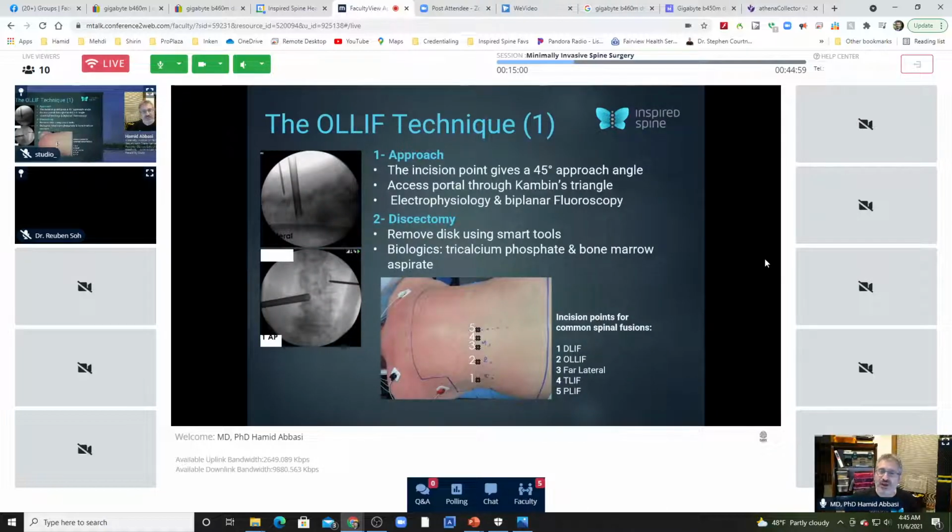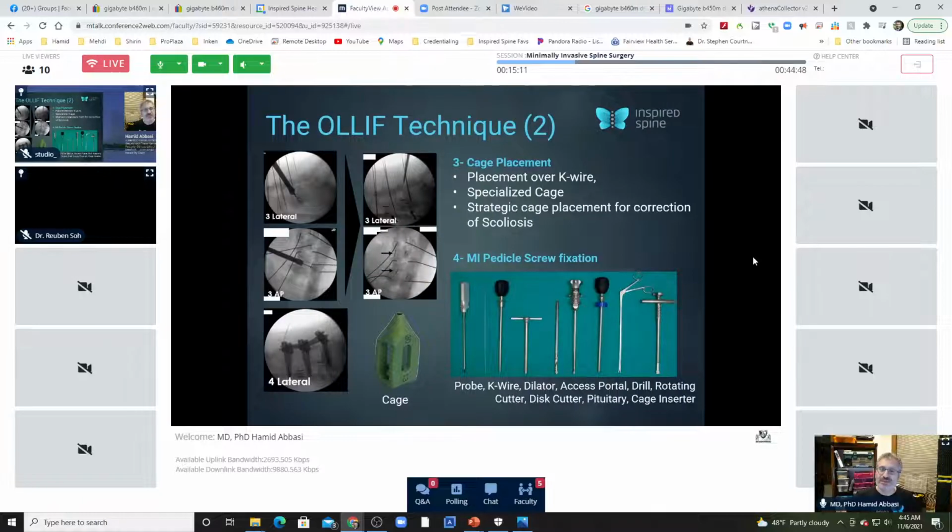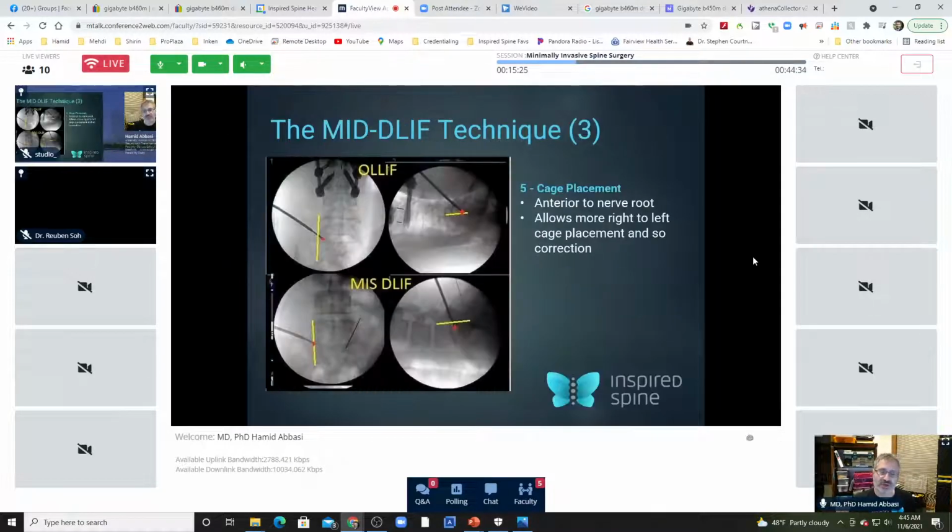Here you see the marking on the skin for the transcambin approach. Number 2 is the oblique lateral posterior lumbar interbody fusion that is performed through transcambin approach. A series of smart tools are used to go through a tube and perform discectomy and practically prepare the end plate, put the graft, and then posterior percutaneous screws are placed. The two techniques, OLLIF and MIS-DLIF, as demonstrated here, are practically through transcambin approach in the OLLIF and anterior to the nerve root, as you see in the x-rays on the bottom.